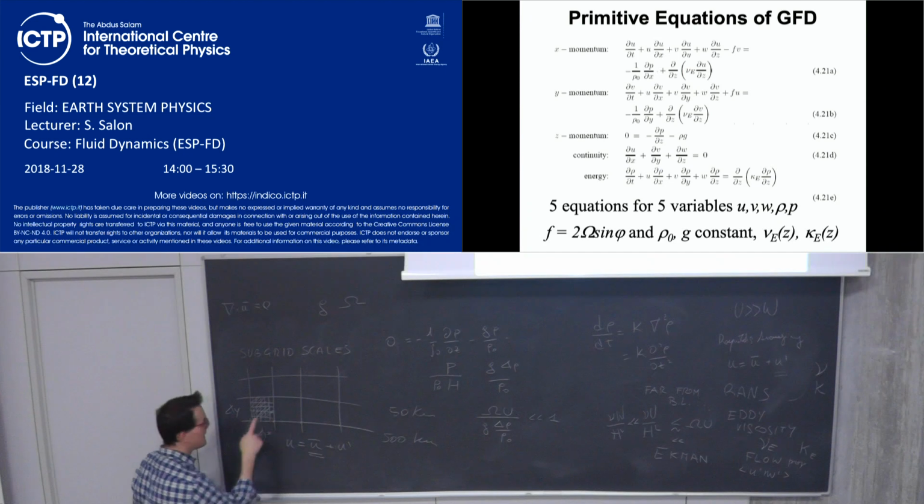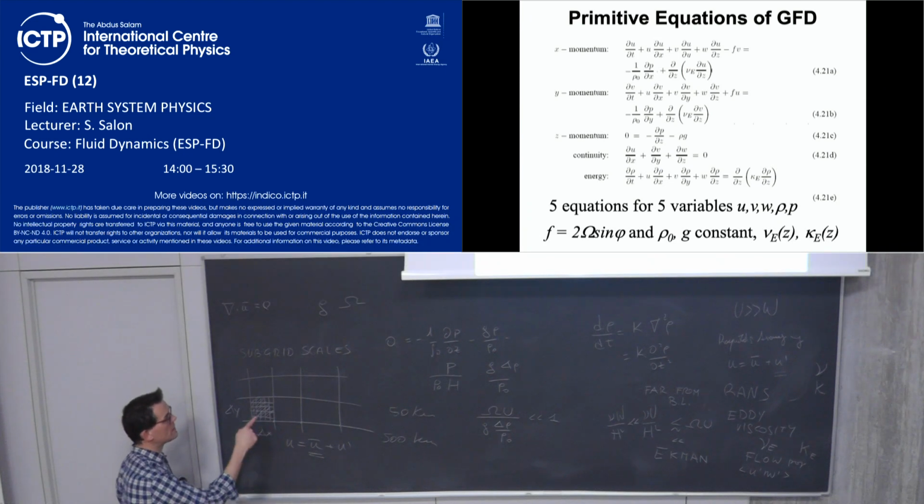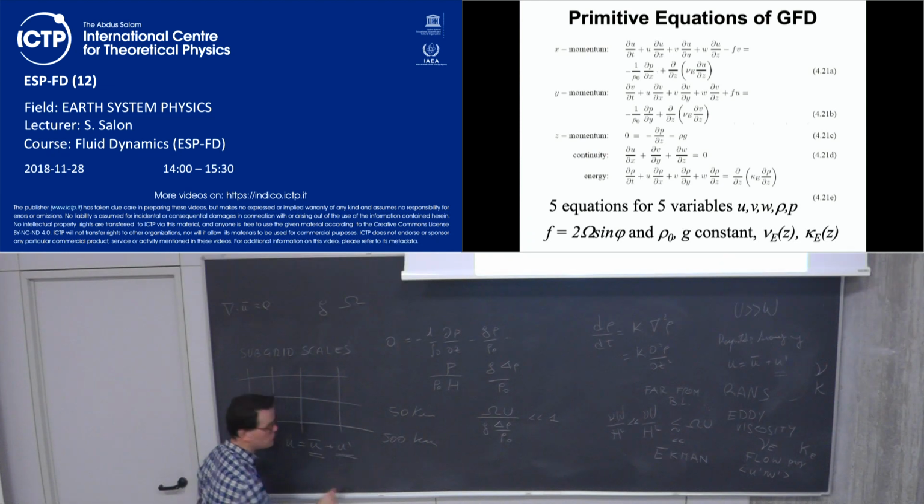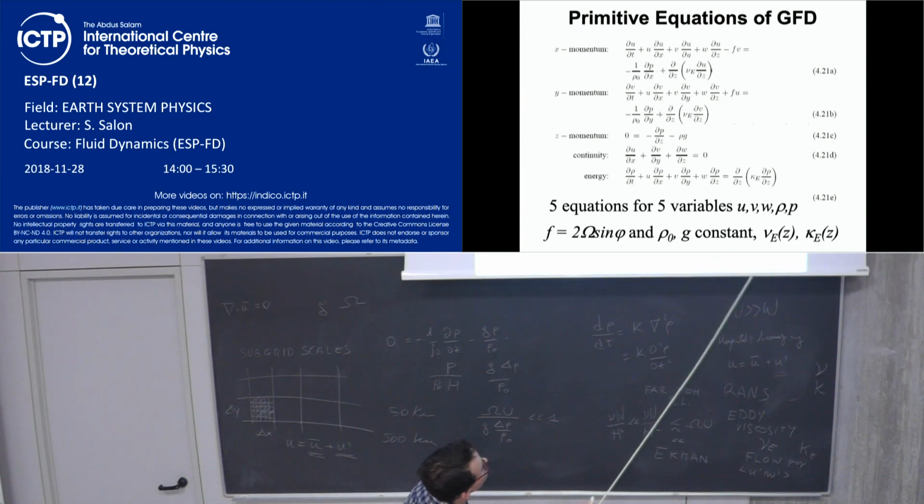But in any case, what happens within the cyclone? What is happening at scales smaller than 100 kilometers? This is related to the turbulence, and the effect of turbulence is described in this equation by the eddy terms.